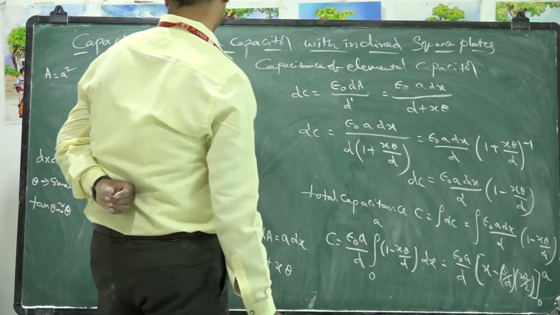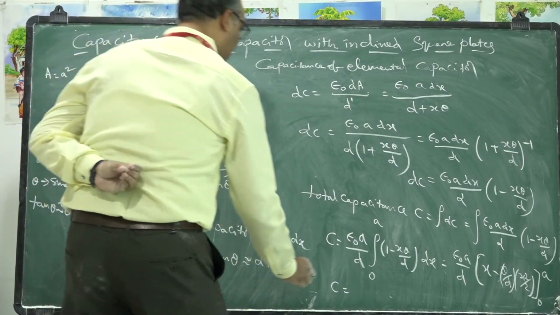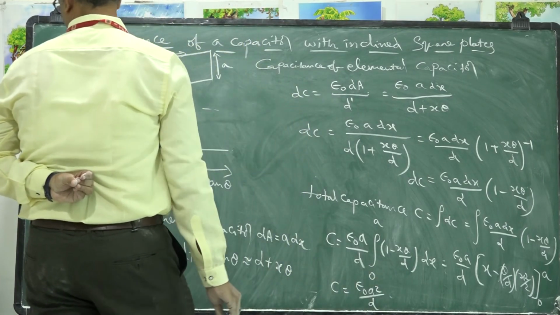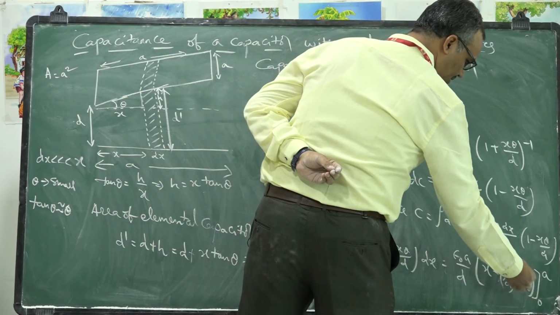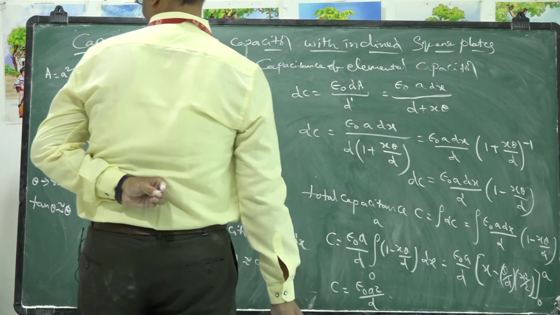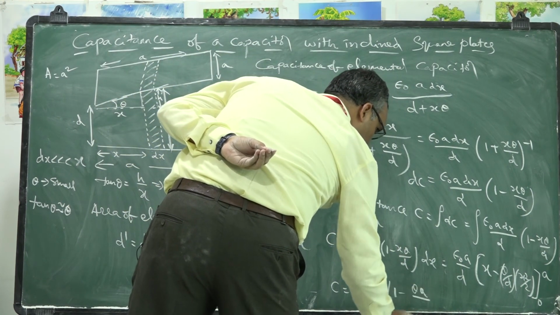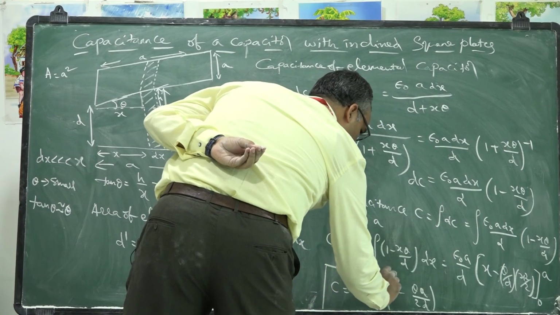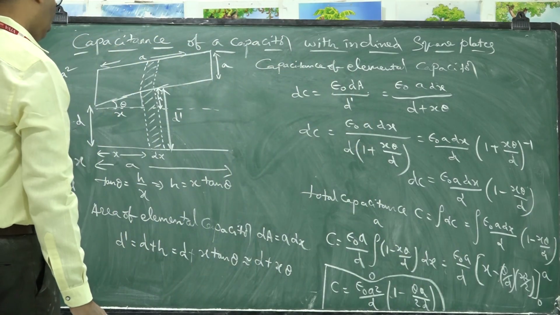If I substitute, C value is given as epsilon naught a square by d, by substituting a in the place of x minus the lower limit x value 0. So the final answer is 1 minus theta a by 2d. That will be the answer: epsilon naught a square by d into (1 minus theta a by 2d).